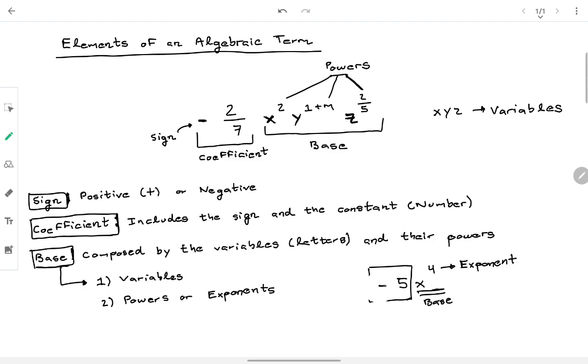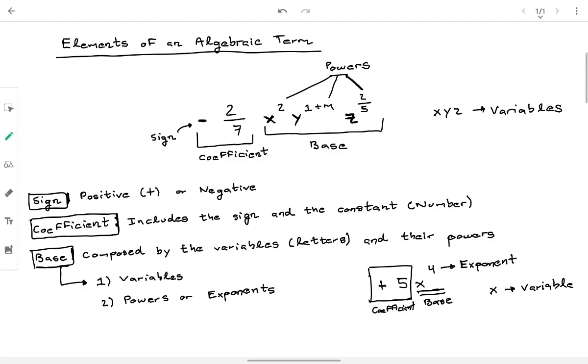So this was the sign, this was the coefficient. So we have coefficient, base, exponent, and the letter x will be the variable. That's the way that we can look at the elements of an algebraic term.